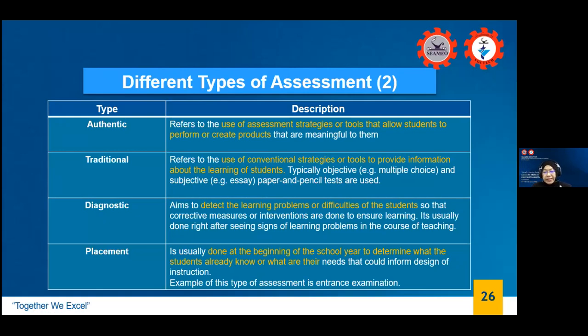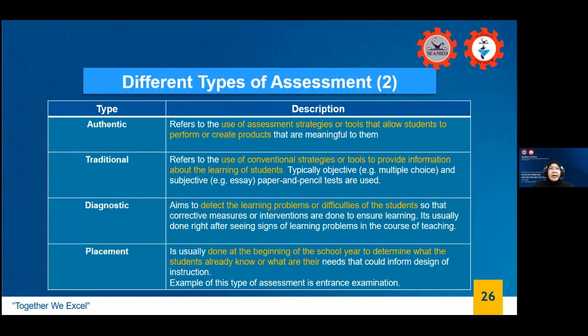But if really it's a problem, because of the placement assessment, you will be able to put the student in the right class, in the right grouping, so that he will benefit. Because if someone requires a different kind of learning instruction, then he will be better off if he is placed in the right class where he should belong.